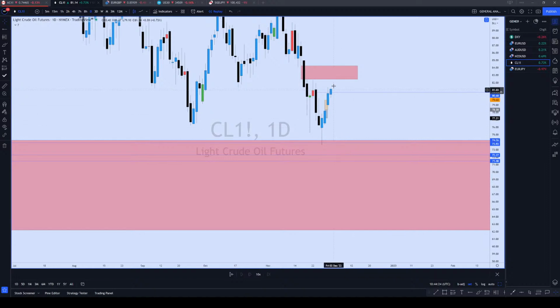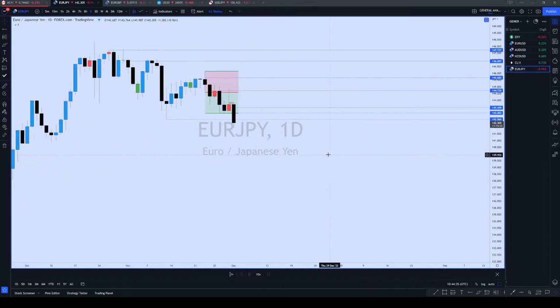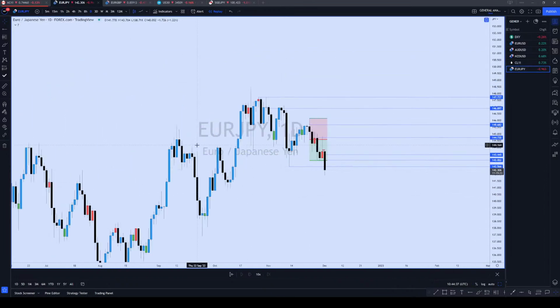Okay, so that is that for the crude oil. I'm sorry, I was looking at euro pound. This is EJ.